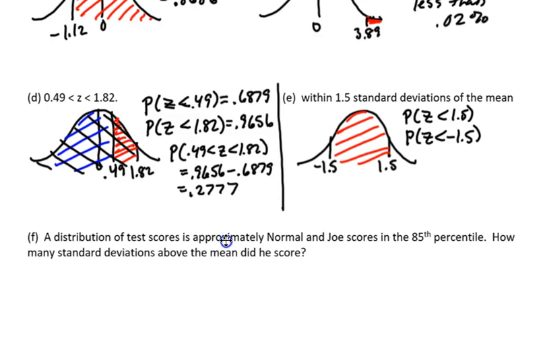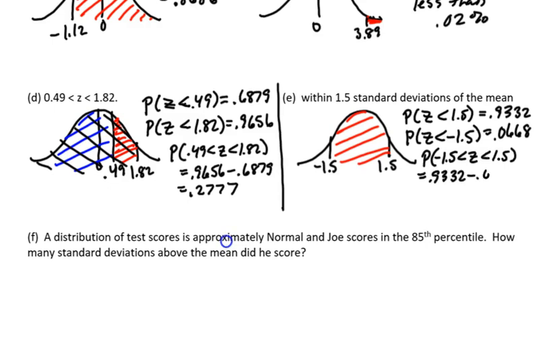So the probability that Z is less than 1.5 is 0.9332. And the probability that Z is less than negative 1.5 is 0.0668. And so the probability that negative 1.5 is less than Z is less than positive 1.5 is the difference of these two.